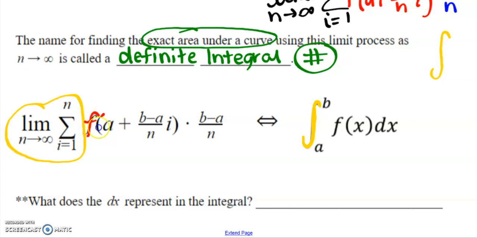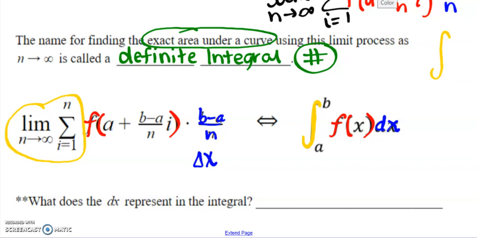Our f of x is right here. f of x, that was our function. We're used to that. Our b minus a over n, that becomes our change in x, right? How big is each little partition? So that becomes dx representing delta x or the change in x, the width of each rectangle.